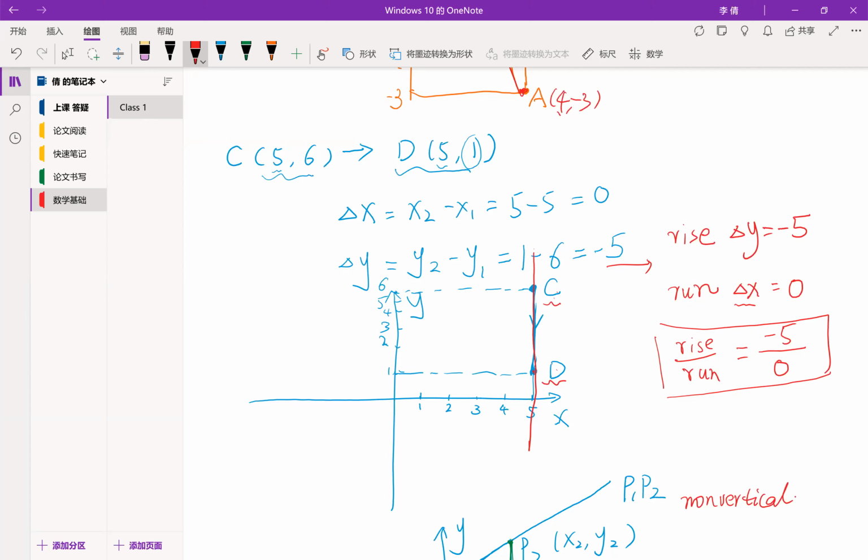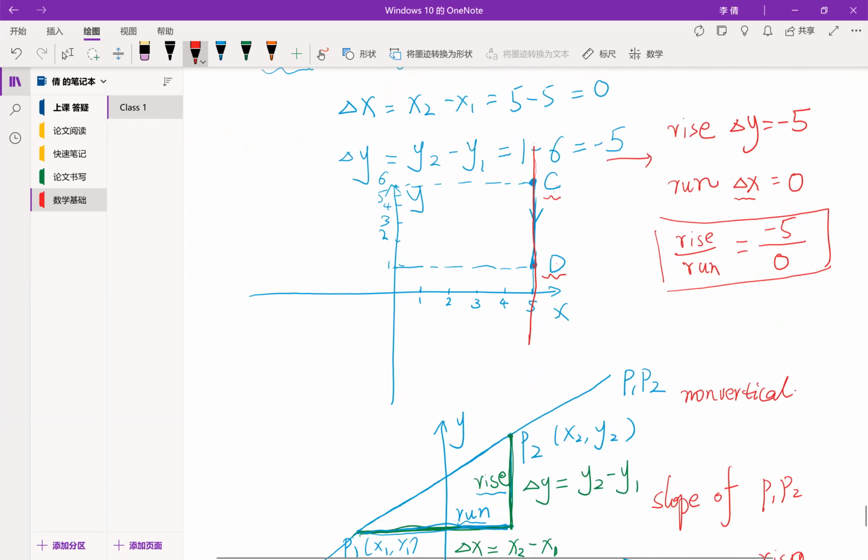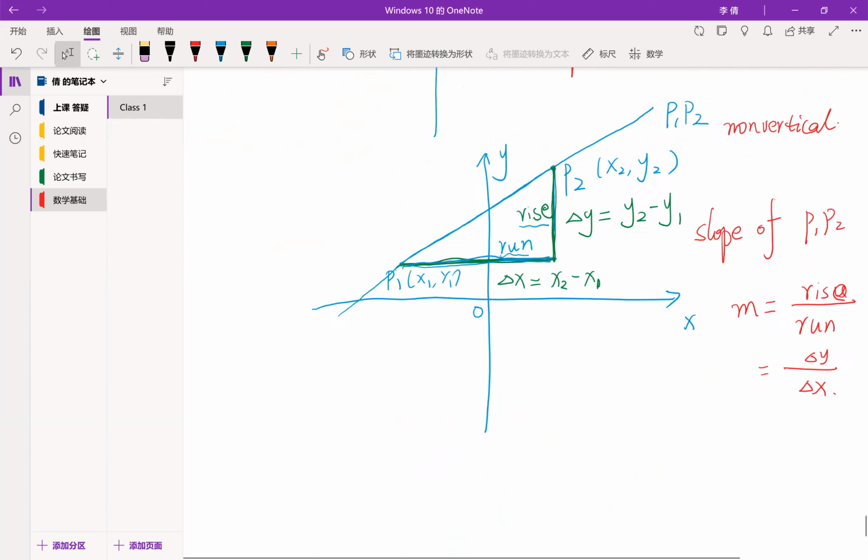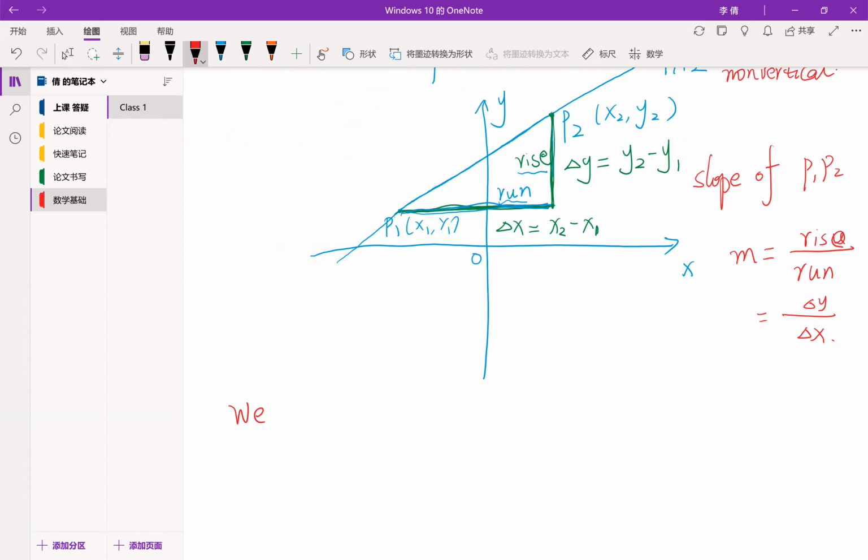We can never divide it by 0. So if this line is a vertical line, it will have no slope. It means we can't define the slope of a vertical line, right?